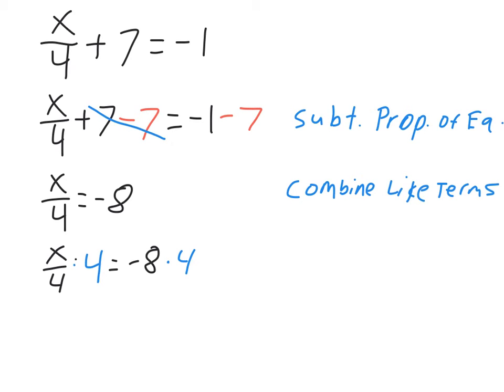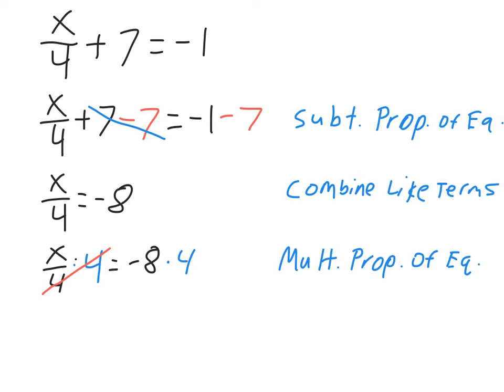We multiplied both sides, so that means we use the multiplication property of equality. And then we notice the divide by 4 times 4, those cancel out.